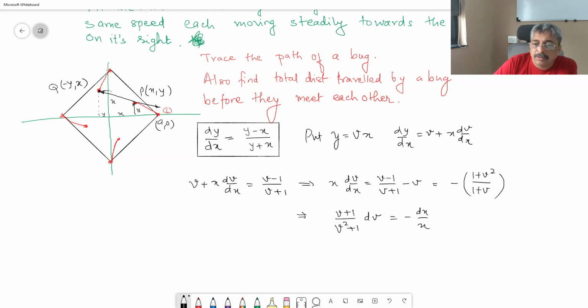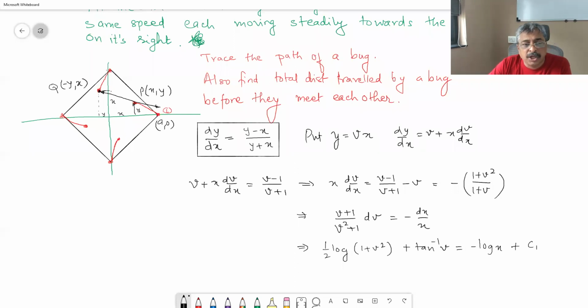So now you will have to solve this by separating. So it is an easy integral, V upon V square plus 1 plus 1 upon V square plus 1, and therefore after integrating you end up getting half log 1 plus V square plus tan inverse V is equal to minus log x plus C1.